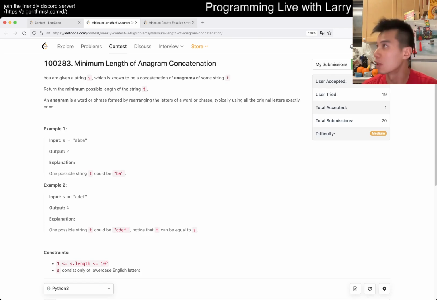Minimum possible length. Anagrams, okay. So it has to be a prefix. Can I do binary search?